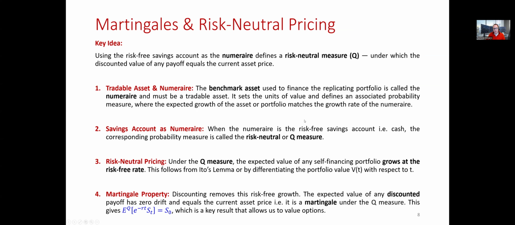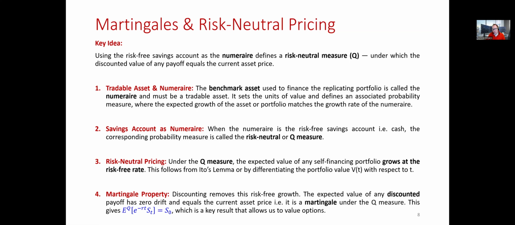So what are we trying to say here? We need a funding asset. When we were creating our replicating portfolio, we had delta units of stock and phi units of cash account. Whatever we choose for the financing component of our replicating portfolio, that's the benchmark asset. Call that the numeraire. That numeraire determines the units we're pricing in.